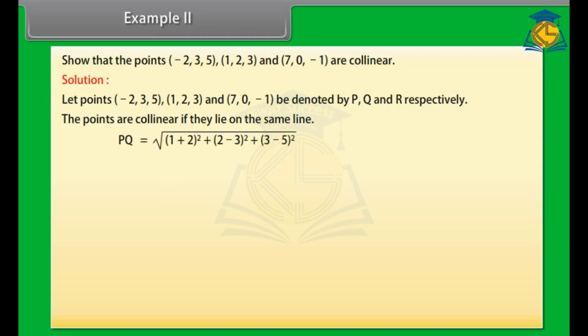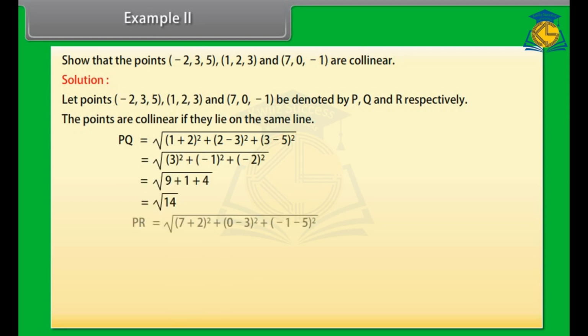PQ = square root of (1 + 2)² + (2 − 3)² + (3 − 5)². After calculating PQ, we get square root of 14. PR = square root of (7 + 2)² + (0 − 3)² + (−1 − 5)².